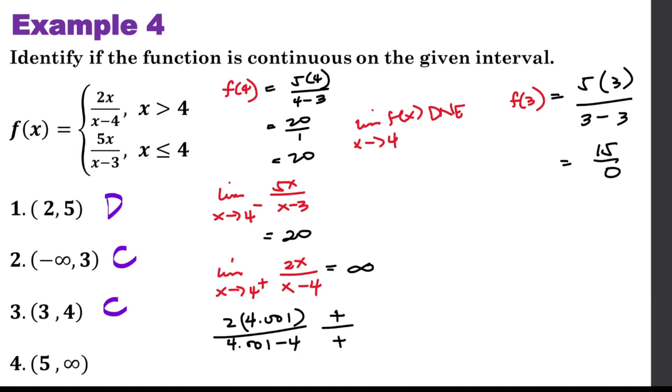Though we are discontinuous at x is equal to 3 and x is equal to 4, we are excluding those numbers in the given interval. Therefore, the function is continuous on this interval. And for 5 to infinity, this is also continuous because x is equal to 3 and x is equal to 4 are not included in the given interval.